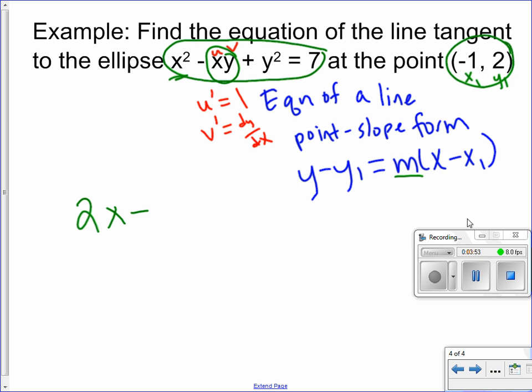So using my product rule, the second term is uv prime plus vu prime, y times 1. I'm subtracting that entire term. Okay, then I'm going to keep going. My next term is y squared.